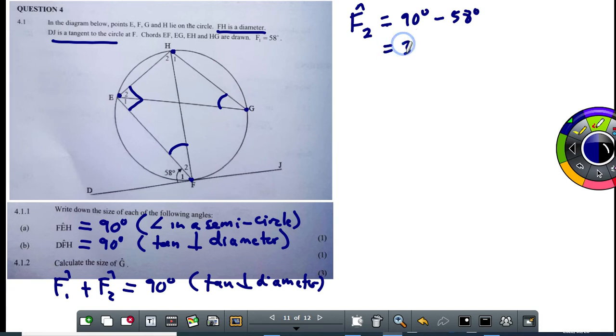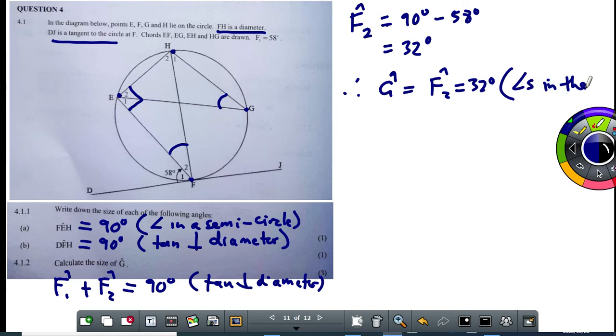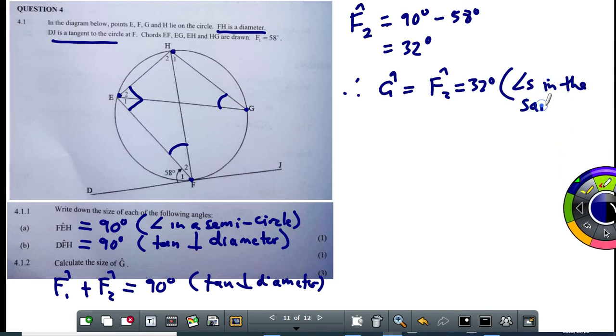And that will give you 32 degrees. Therefore, angle G is equal to F2, and they are both equal to 32 degrees. Your reason is angles in the same segment. Like that. And then you are done.